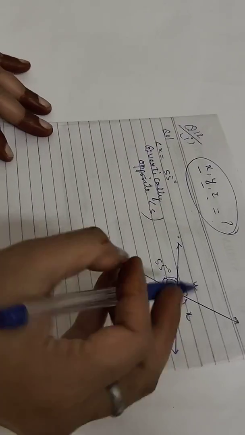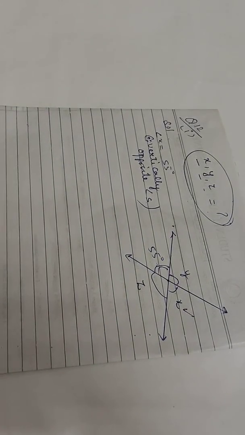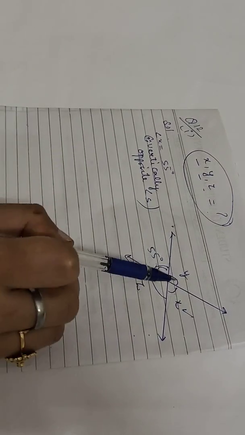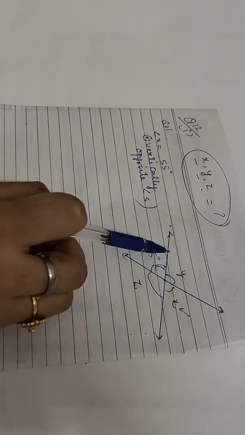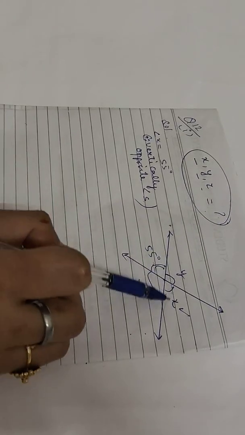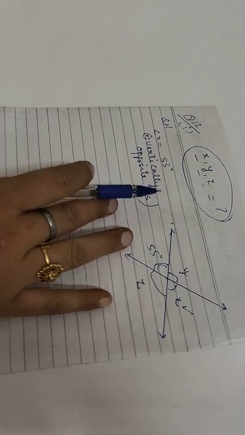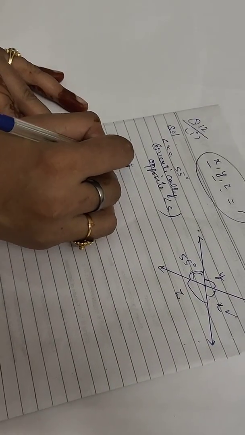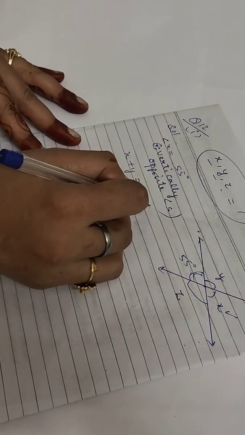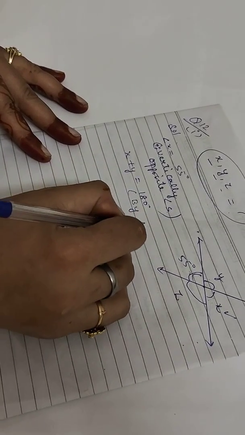Now, X is done. Let us try for Y. How can we find Y? Now just think, this is a straight line, and X and Y together make a linear pair. And you know, in a linear pair, if we add both the angles, the sum is 180 degrees. So can I write X plus Y equals 180 degrees? Yes, I can write. But again, don't forget to write the reason.